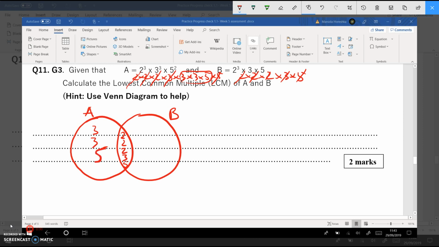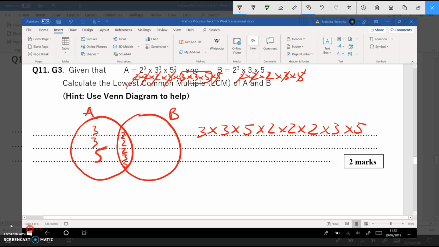We work out the lowest common multiple by multiplying all of the numbers. So we would go 3 times 3 times 5 times 2 times 2 times 2 times 3 times 5.